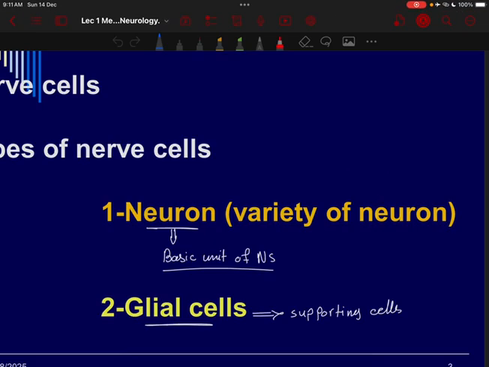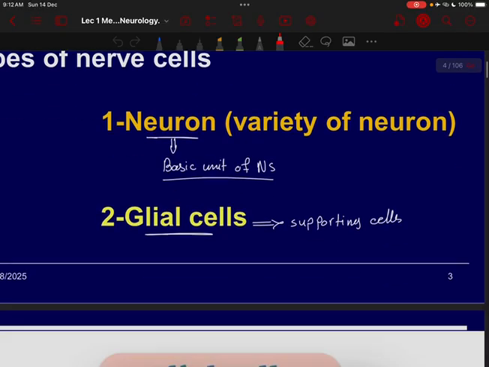The other type is the glial cells. By glial cells, we mean the supporting cells, and there are many types of glial cells. We'll discuss it later on.